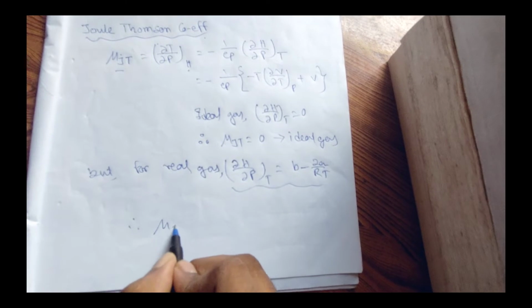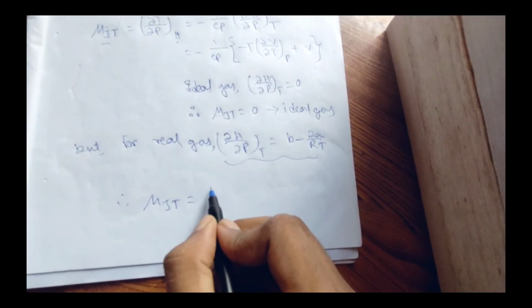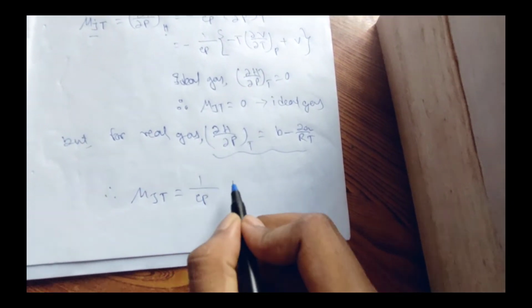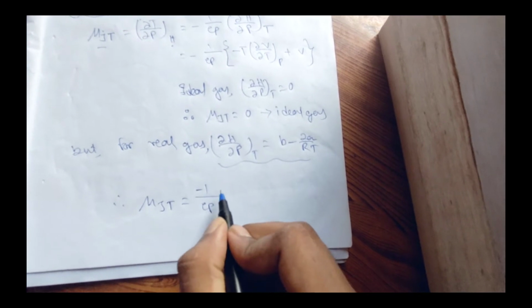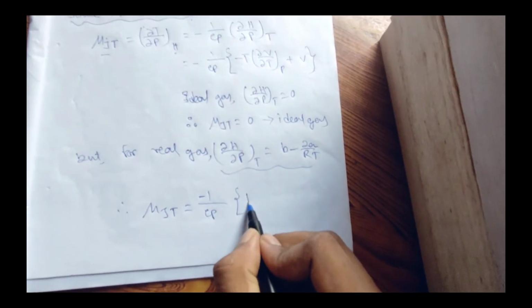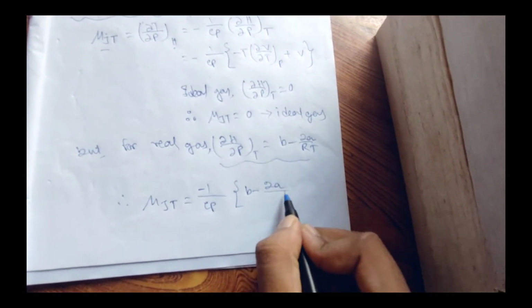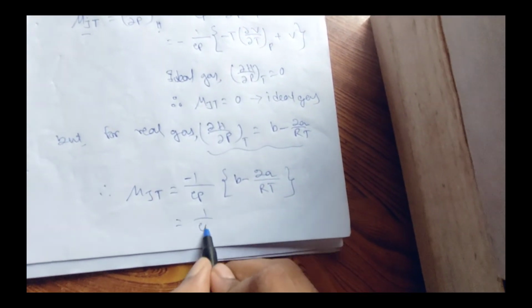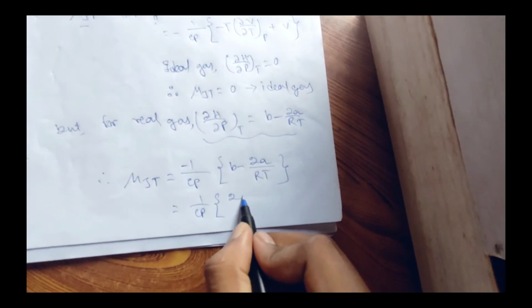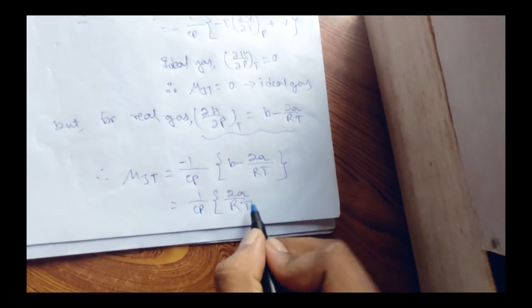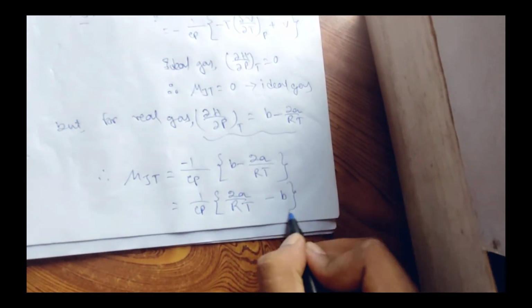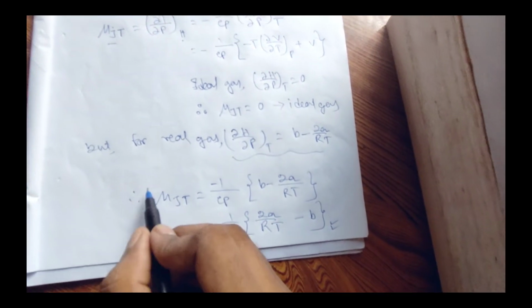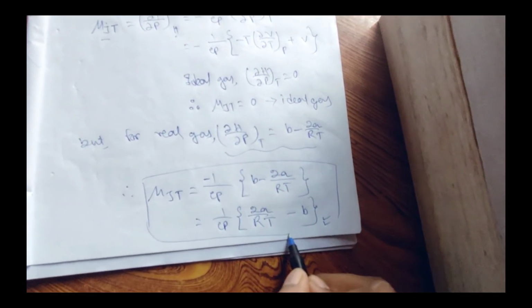Hence we can write mu JT is equal to minus 1 by Cp times b minus 2a by RT. This is equal to 1 by Cp times 2a by RT minus b. This is very important, you should remember this.